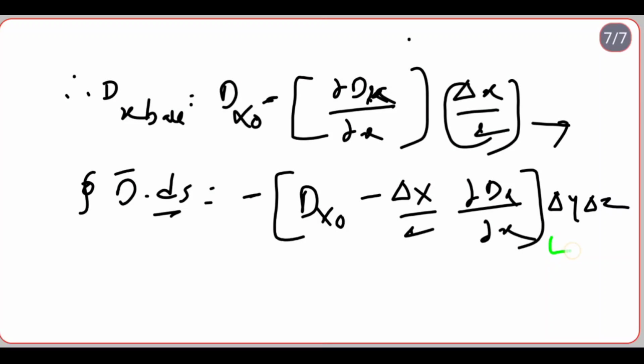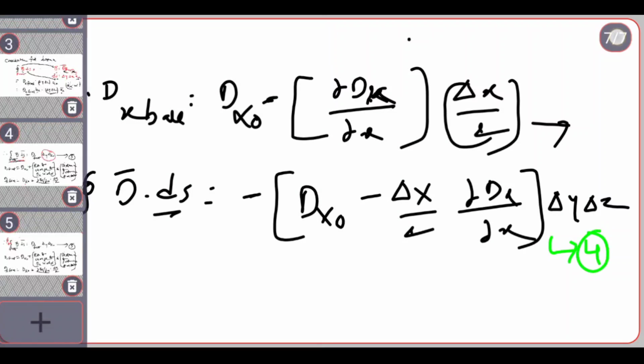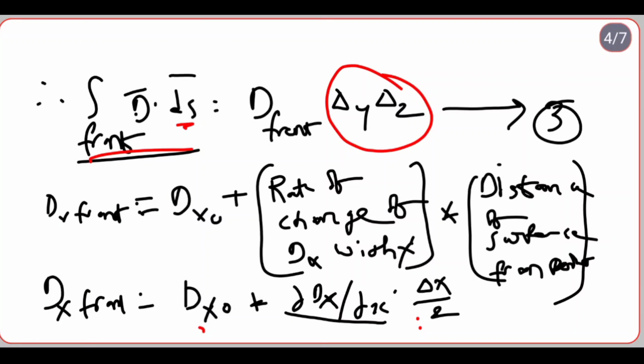Assume that this is equation 4. Previously, for the front side, we obtained d front as equation 3, that is dou dx by dou x delta x by 2. Again, assume it is 3a or 3.